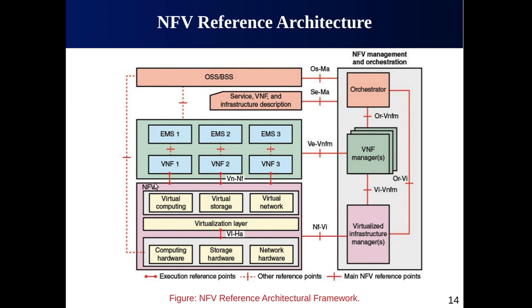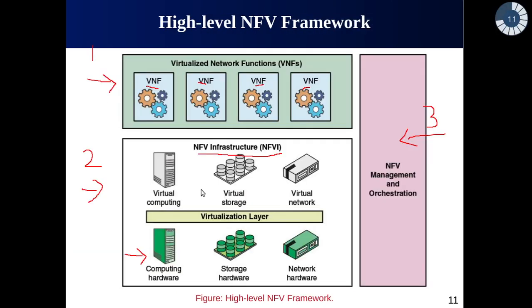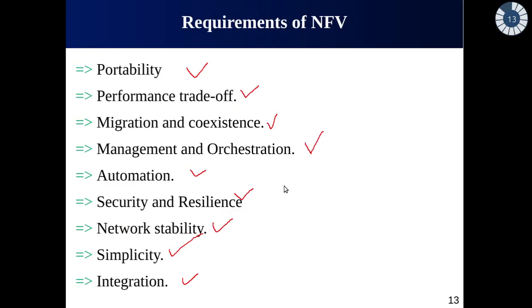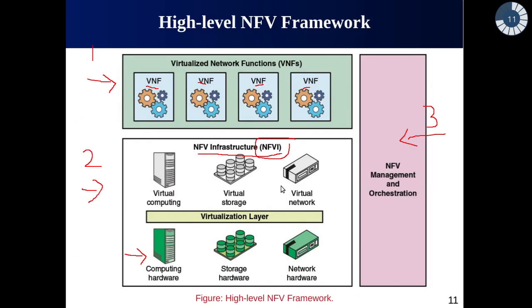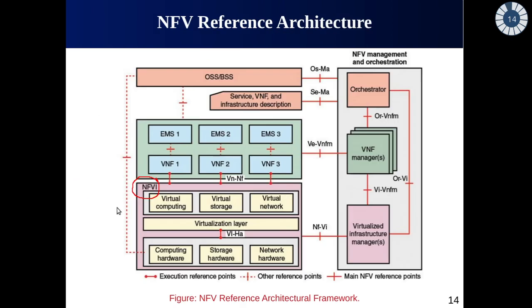Let me highlight some main points. We have NFVI. So the same thing, but it is elaborated here in this architecture. Network function virtualization infrastructure, and it actually comprises the hardware and software resources that create the environment in which VNF are deployed.